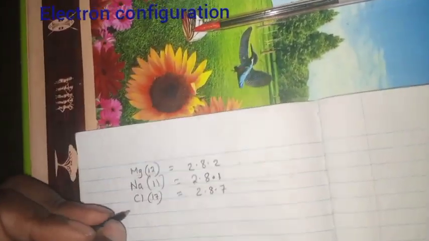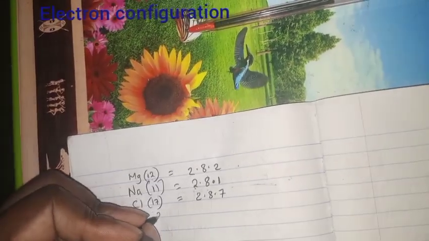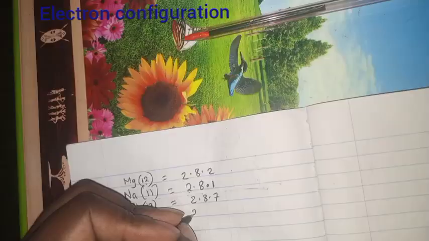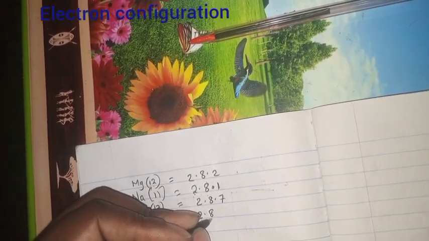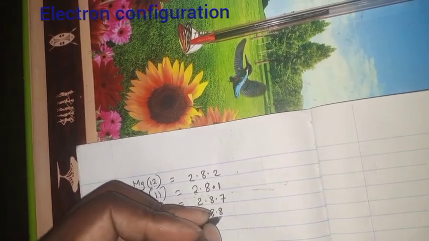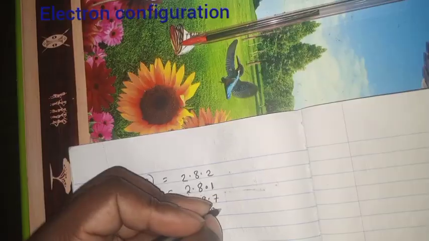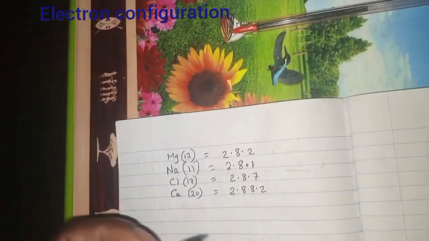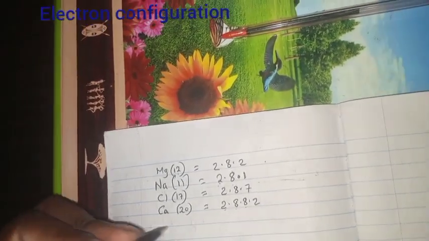If we talk of something like calcium, calcium is number 20, and that means we will have 2, 8, that adds up to 10, and then we have 8 that adds up to 18, and then we have 2. That means now we can use these to describe the period and groups.